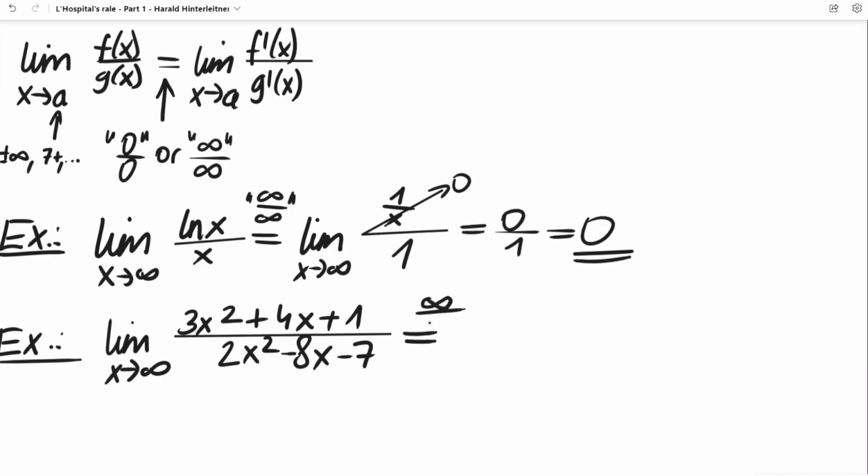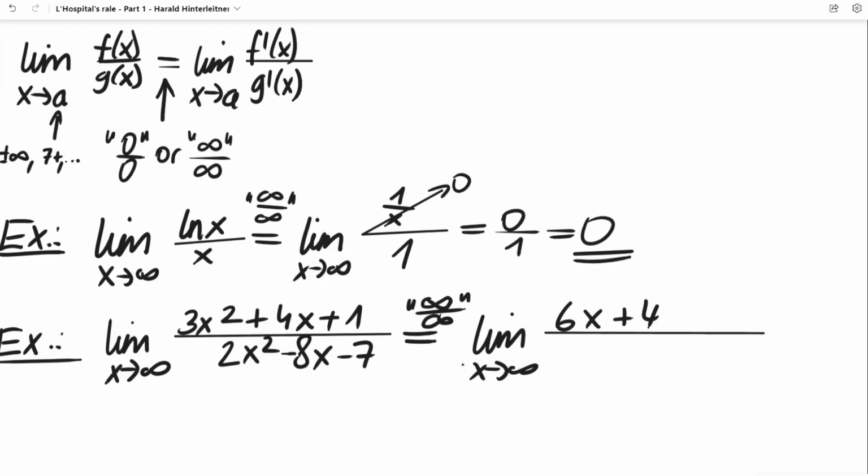And this also is infinity, so the assumption of L'Hopital's rule is fulfilled again. And we can differentiate the numerator and the denominator separately. By using power rule, we get this, and also power rule in the denominator.